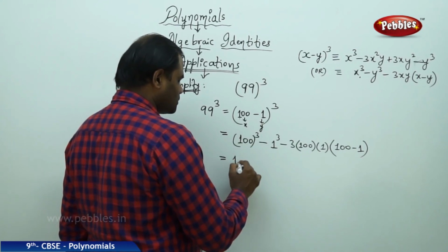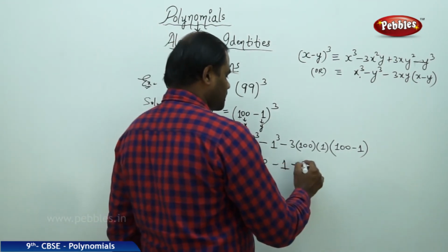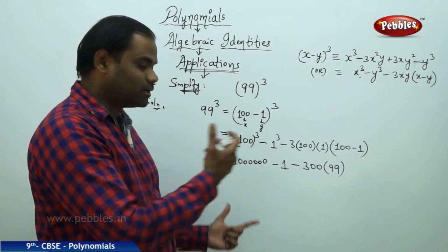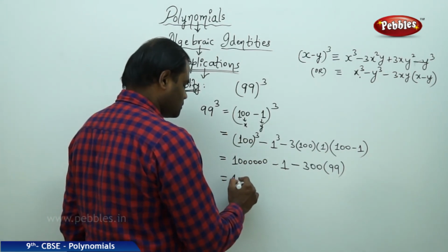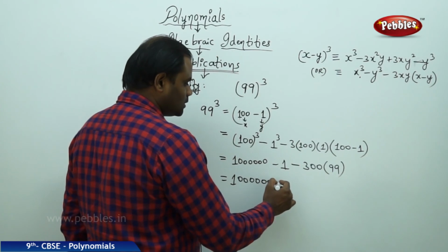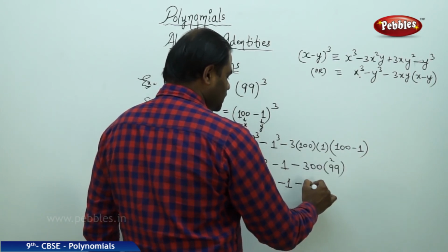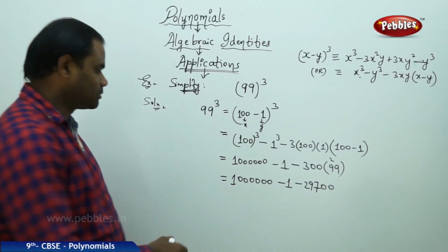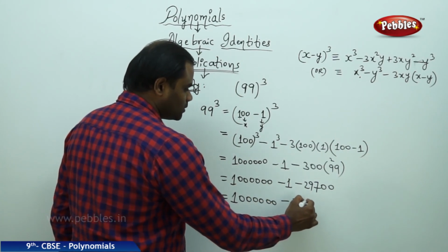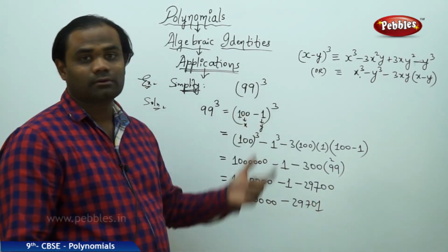The 100 cube is 10 lakhs, minus 1 cube is 1, minus 300 times 99, which on further simplification gives 9 threes 27, and so on, to give minus 29,700 and a further 1, that is 29701.